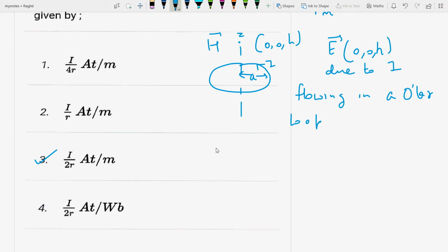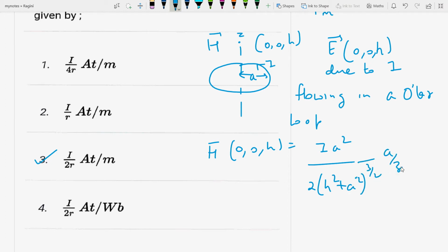So it is given by H = I a square upon 2 (h square plus a square) to the power 3 by 2 az. Okay, sorry, az is the unit vector.